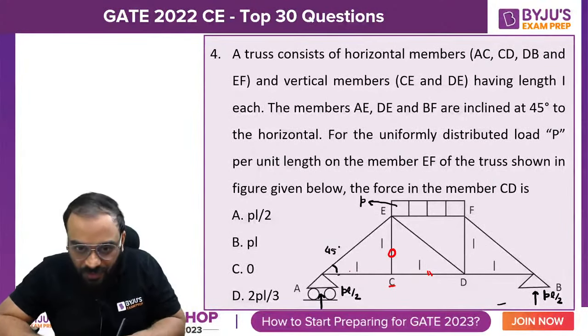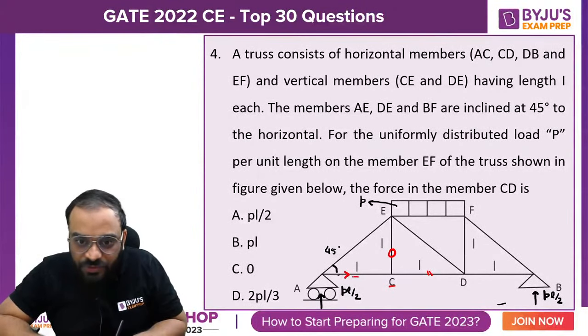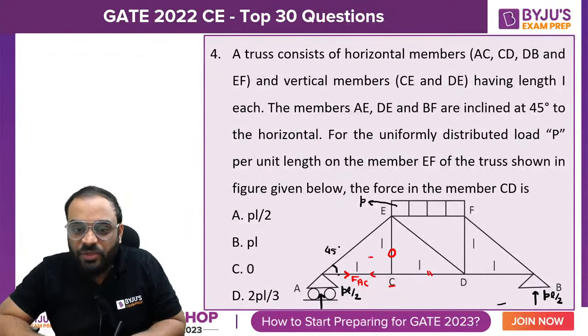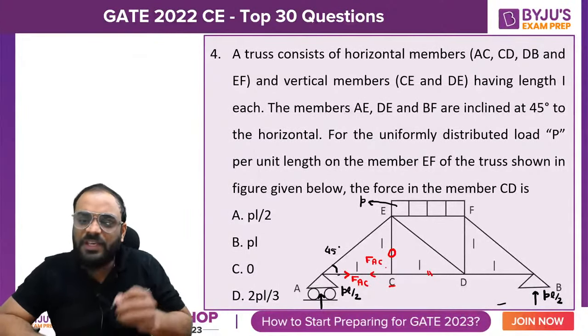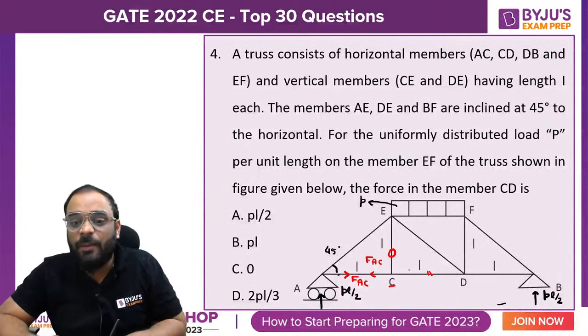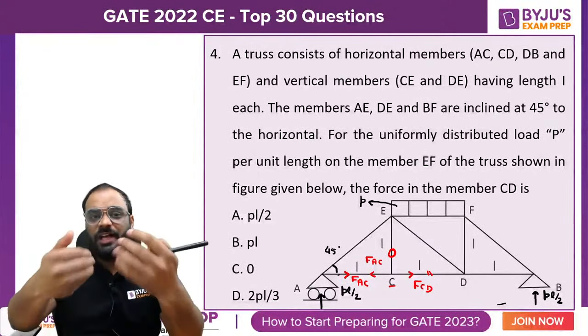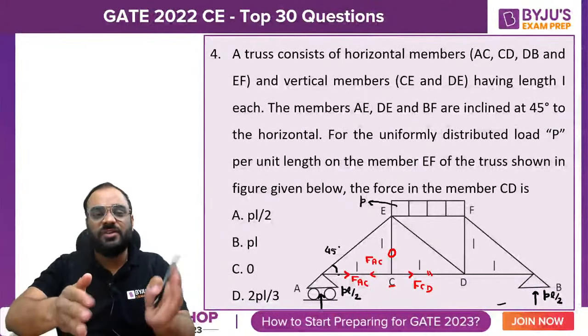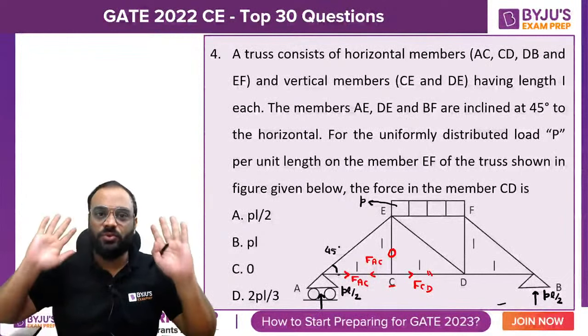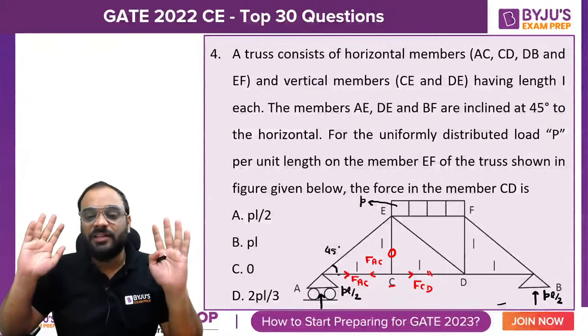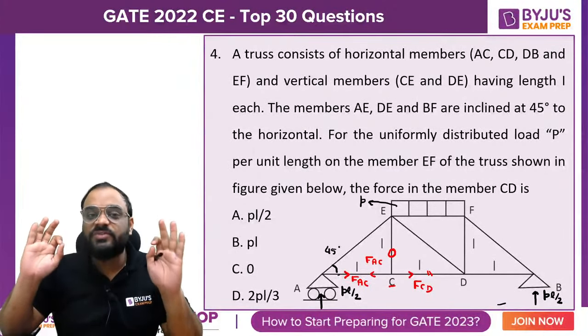But can I say that this force is FAC? If this is FAC, so this one is also FAC or FCA, one and the same thing. The same amount of force is to be applicable in FCD also. So it doesn't matter whatever the direction is, because in this question we just need to find out the magnitude. That is our task, nothing else.